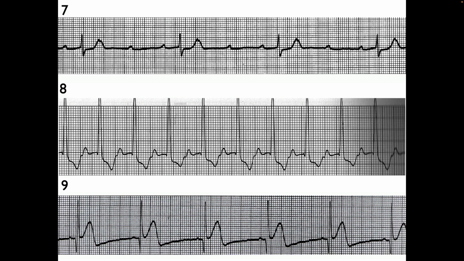So good job. Okay, and then Koa, you're the last one there, number 9. Correct. We can see little tiny P's, but the PR intervals are normal. Okay, we're done with first degree AV block. We'll come back and practice it, but that's all we have to say about it.